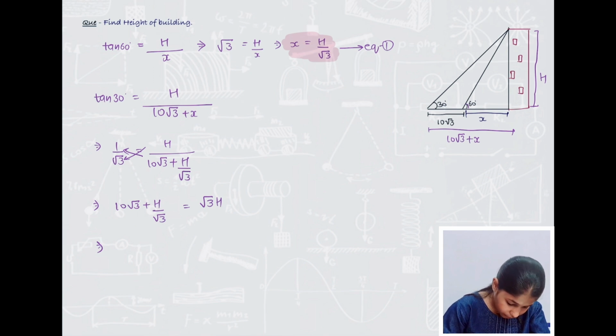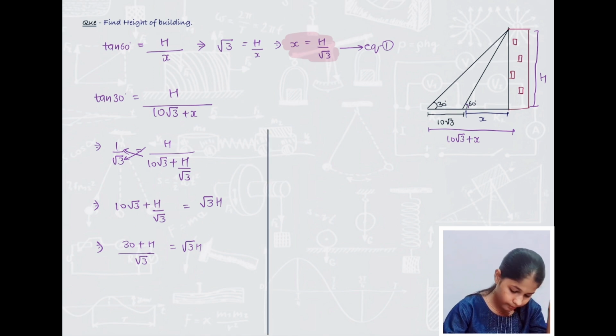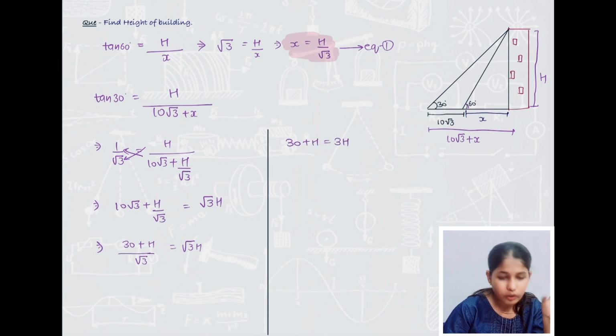So after solving it, you will get 30 plus H upon under root 3, and this is under root 3 H. Can we multiply this under root 3 with this under root 3? Yes, of course. What we will get? We will get 30 plus H is equal to 3H.